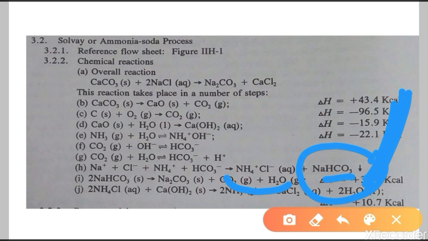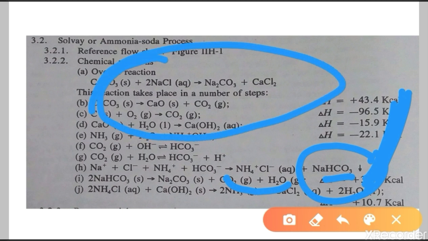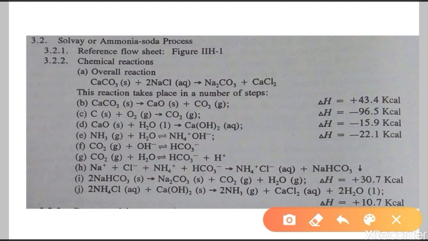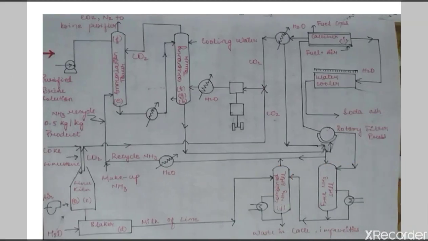So now our slurry, which is also known as magma in this case, contains water, NH4Cl, that is ammonium chloride, and NaHCO3, that is sodium bicarbonate. So these are the chemicals now present inside the carbonating tower, which will now come out. So this is all about the reactions occurring in the carbonating tower.